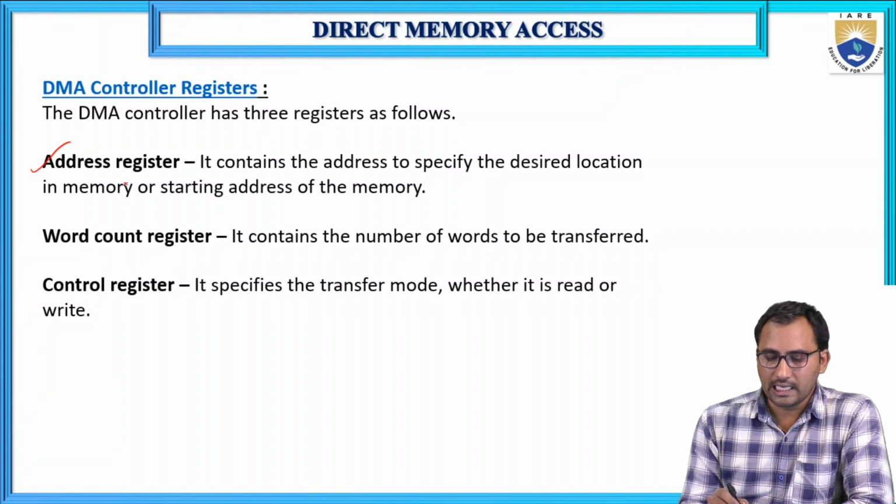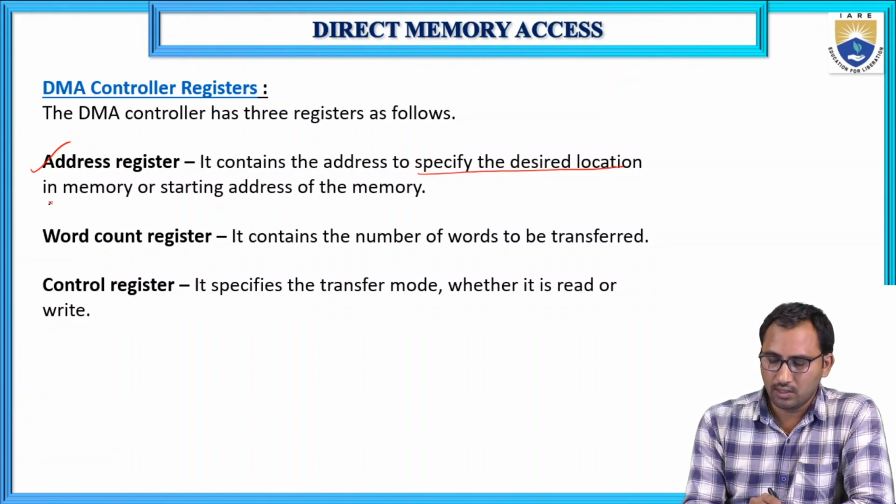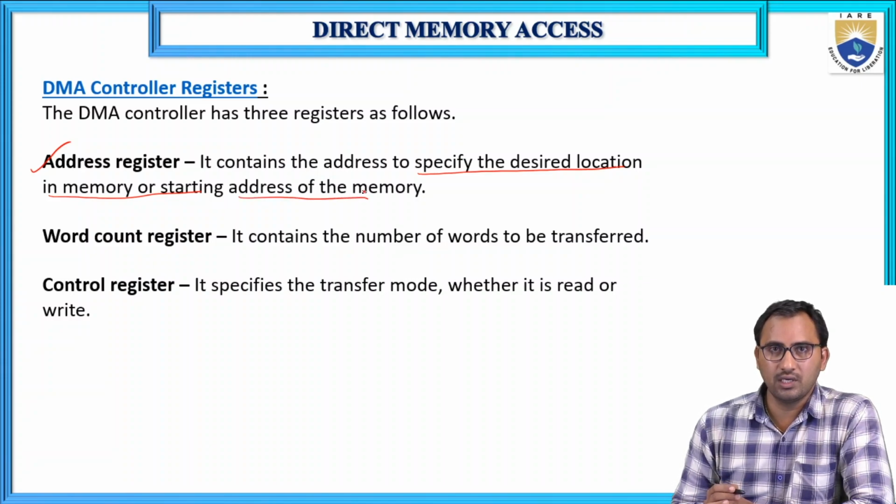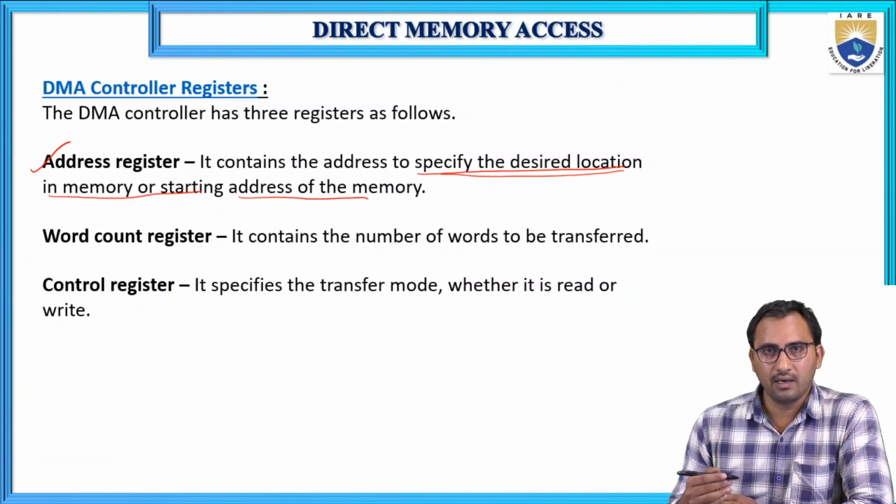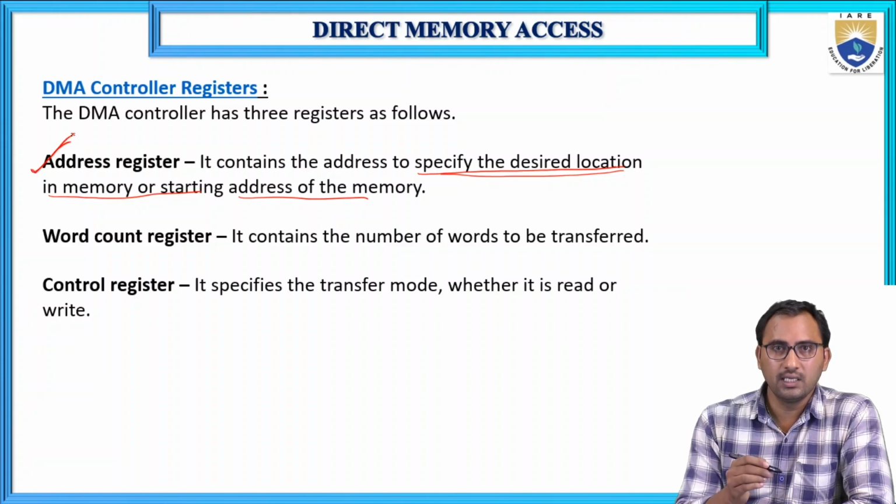The address register contains the address to specify the desired memory location, or the starting address of the memory. That means from the memory to the peripheral we are transferring the data, so the starting address of the memory, from which address onwards we have to transfer the data, we can store in the address register.